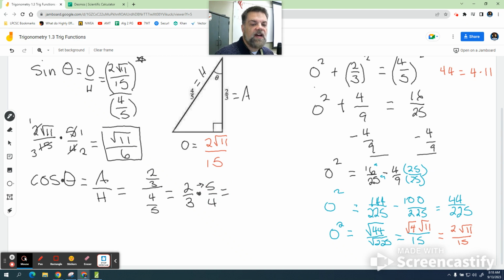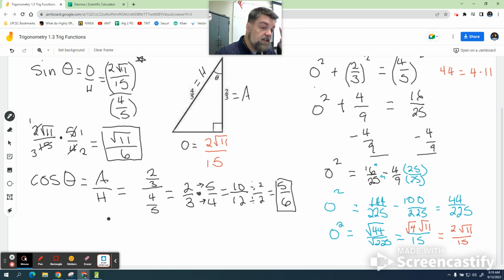What's 2 times 5? 10. What's 3 times 4? 12. Can that be reduced? Yeah. We're going to divide by 2 on the top, and then we're also going to divide by 2 on the bottom. This reduces down to 5/6. Okay? Any questions? Now, the beauty of this is that we can flip these to get the other ones, and I'll show you that on the next slide.